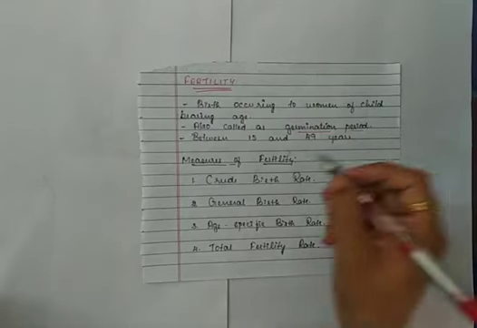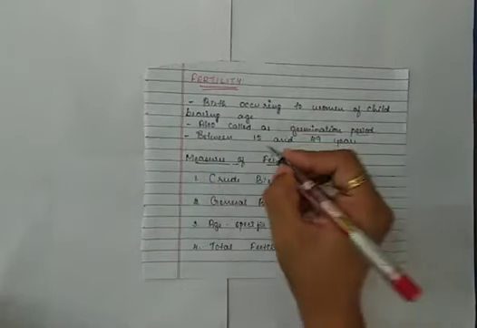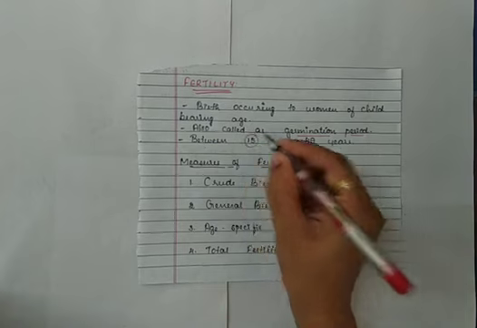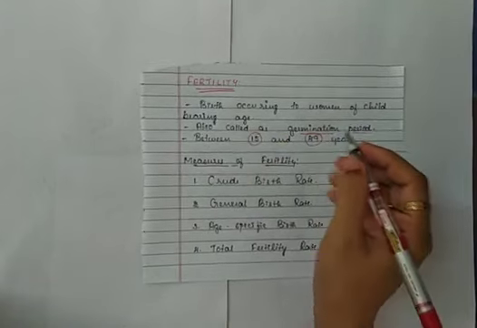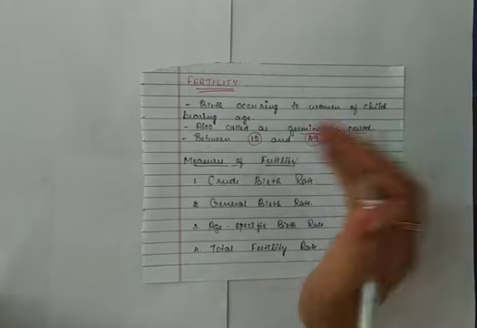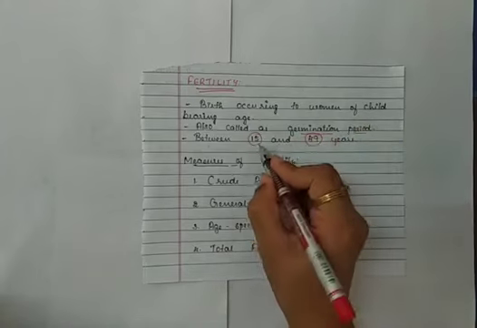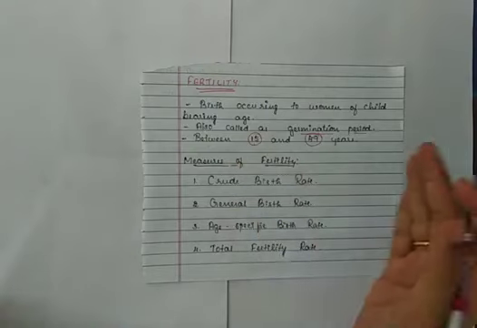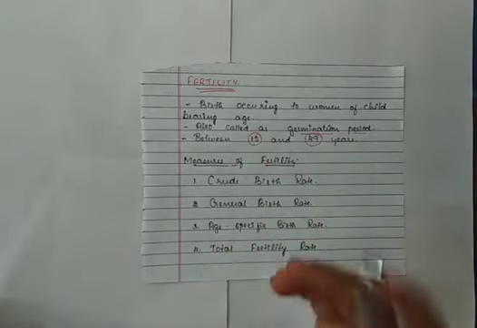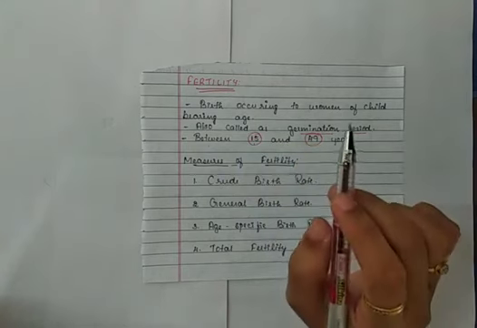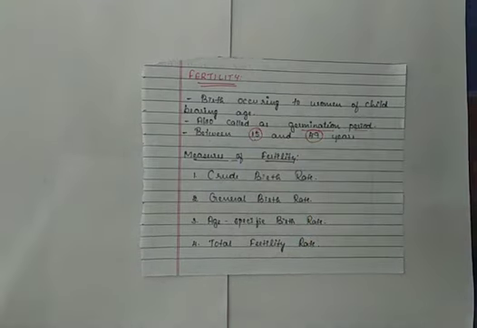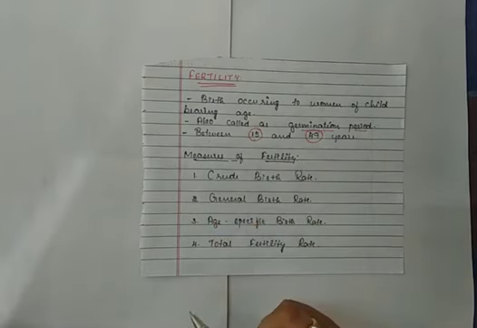That means women of age between 15 and 49. Women who fall between 15 and 49 have the capacity of reproduction. So that is fertility here. So what are the different methods or measures for fertility?